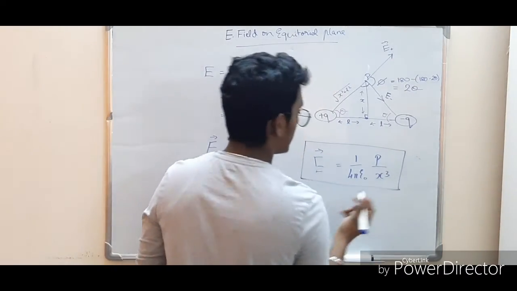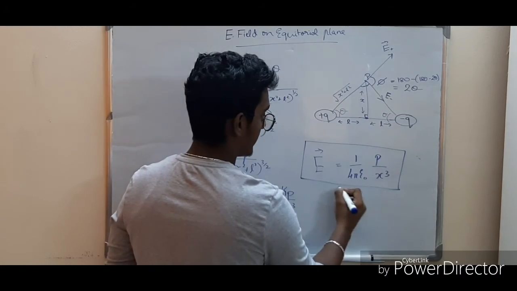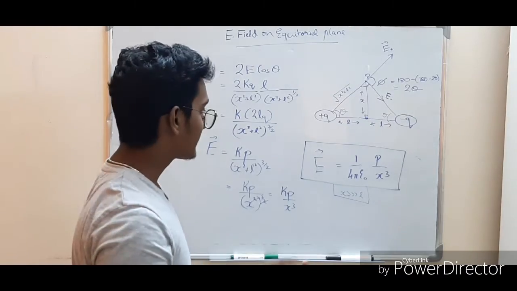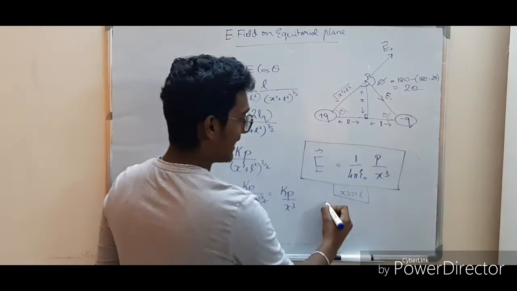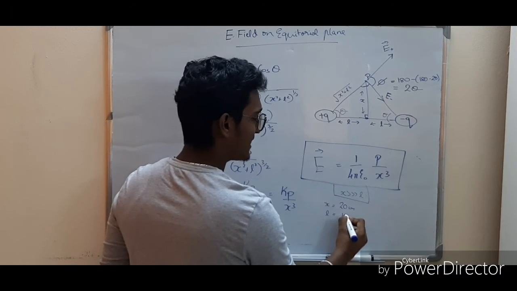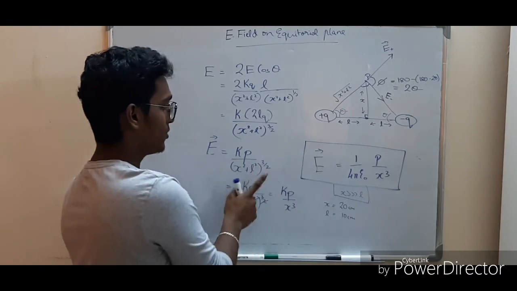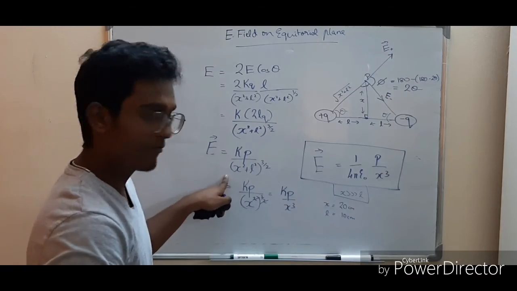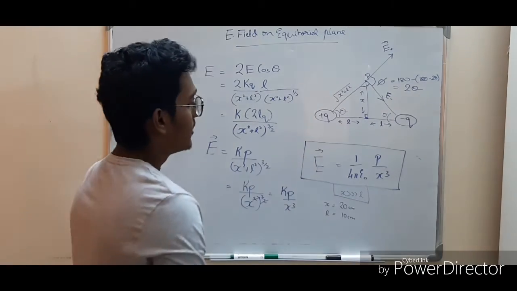This is the electric field with the condition that x is far greater than L. If you get a numerical in which x is not greater than L, for example, if it's given that x is 20 centimeter and L is 10 centimeter, then you cannot apply this condition, and over there you need to go ahead with this formula. So it's better to remember this and arrive at this conclusion on the spot.